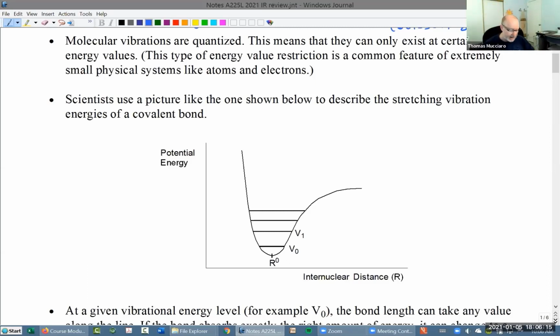Okay? We say that systems like that, where it's not continuous, where there are only certain allowed values, are quantized. And that is one of the important characteristics of 20th century physics: they started studying quantized systems, as opposed to 18th and 19th century physics, where they studied continuous systems, where you had any allowable value.